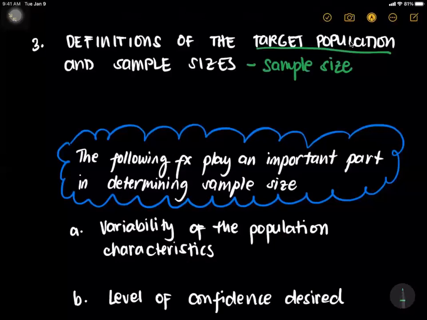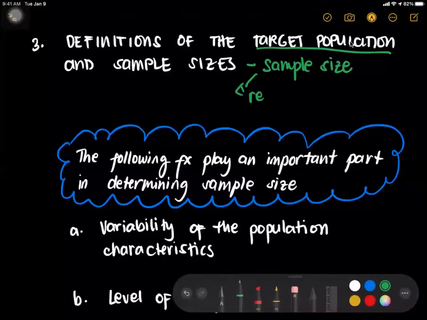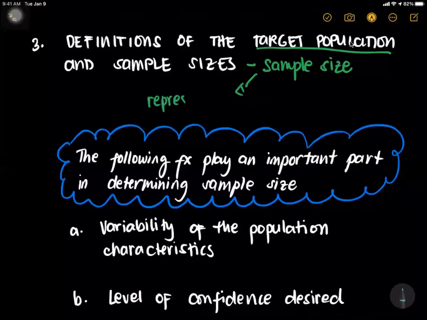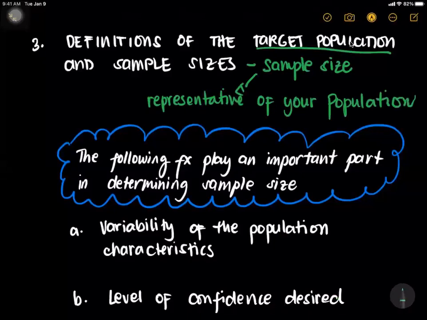So you have to extract a certain sample size that will represent the population, because your sample here is actually a representative of your population. And because they are representative, they would speak on behalf of the entire population where they came from.